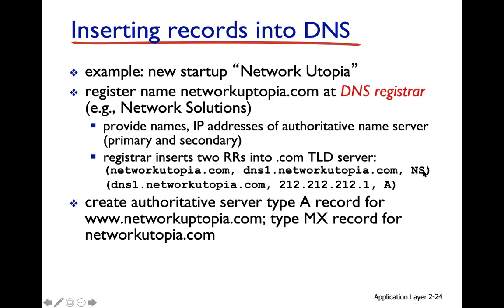And this one is definitely NS, right? This is the domain. This is the authoritative DNS server. And then I give you the DNS server name and I give you the IP address. Definitely you have the type A. Of course, what I'm missing here is the TTL, right? Because it's at the TLD, the TTL is very long.